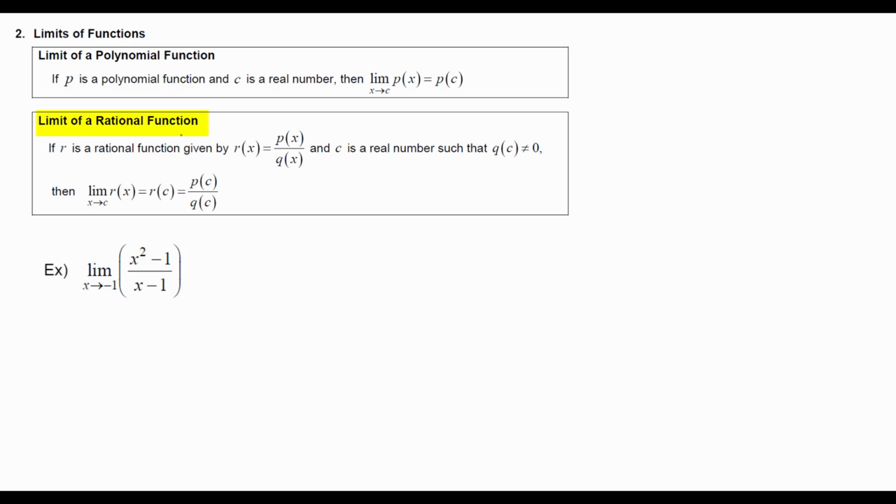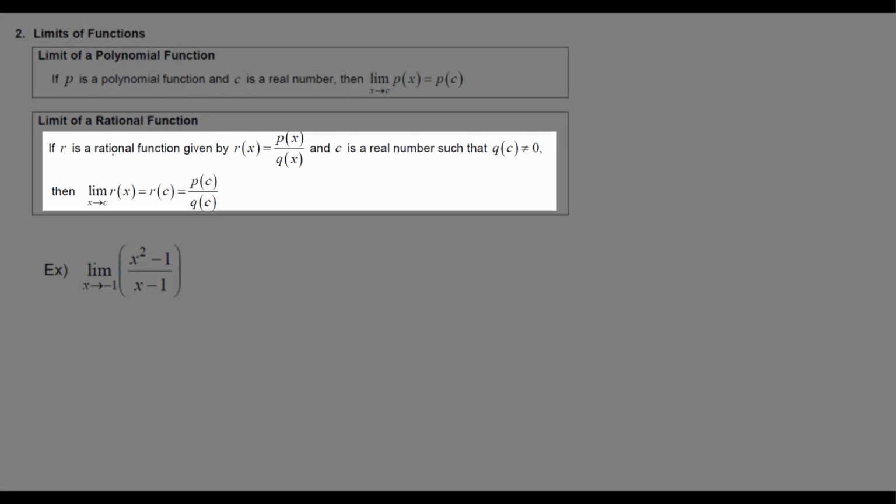Limit of a rational function. If R is a rational function given by R of x equals P of x over Q of x, and c is a real number such that Q of c is not equal to 0, then the limit of this rational function as x approaches c is equal to R of c, which is P of c over Q of c, provided that Q of c is not equal to 0.